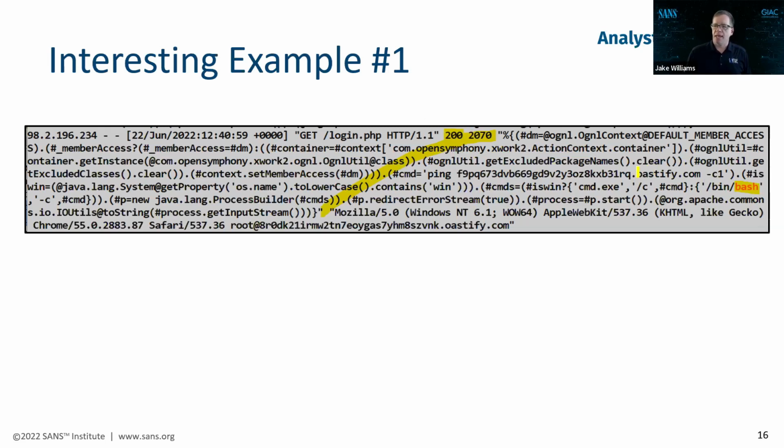But one thing that may alert the SOC a little bit more here, and this may be one of several reasons this was triggered, is the oastify.com. If you're not familiar with it, Oastify is basically a testing site that is used with Burp Suite.